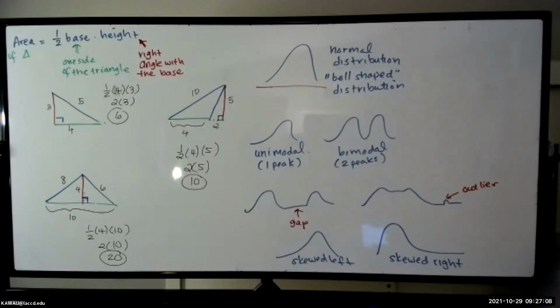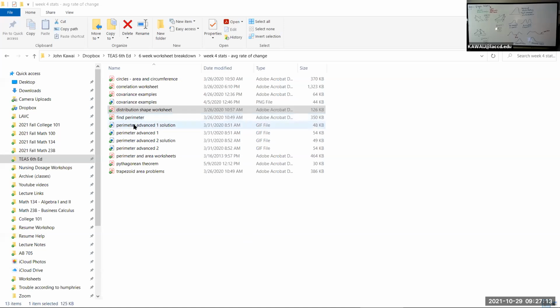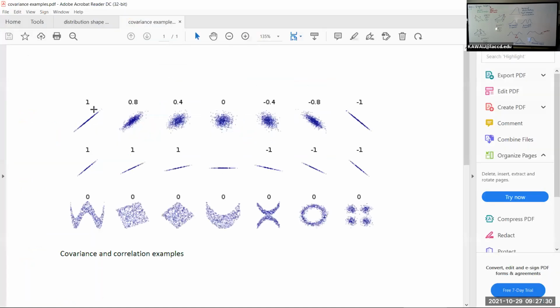So we had this one right here. So remember that when we have a line going up, it's 1.